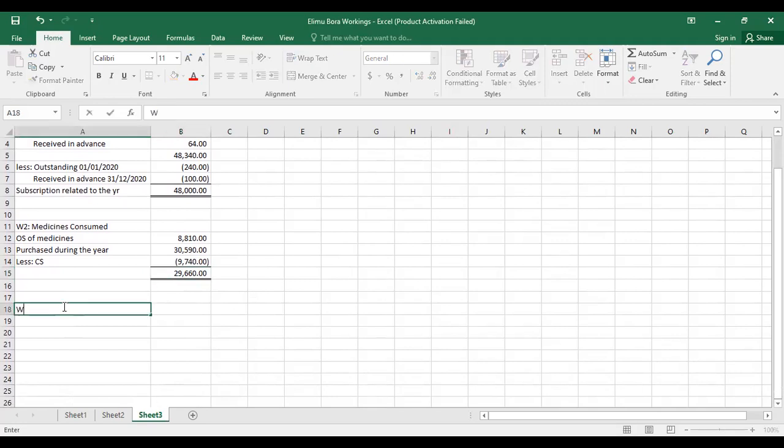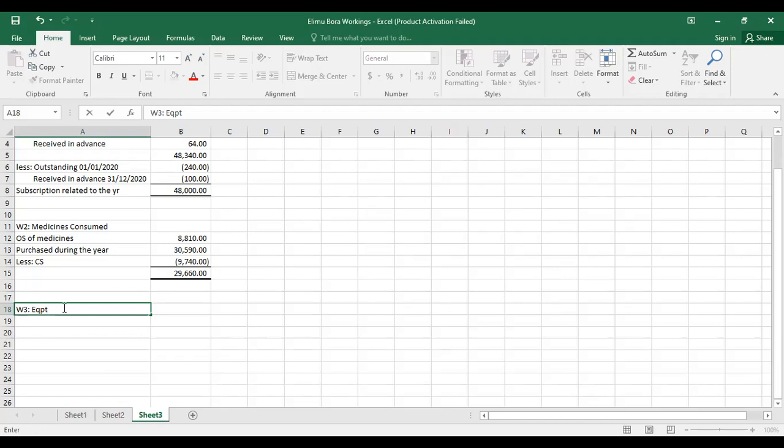Working three. So equipment. We just use EQPT for equipment, right? We want to know the depreciation because we've been given the cost and the net book value as at the close of the period.